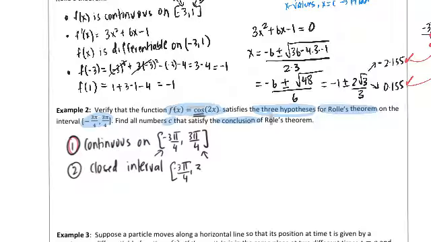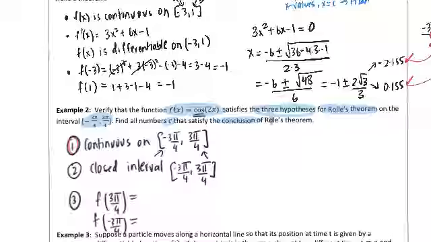And then the last condition for Rolle's theorem is that f of 3 pi over 4 has to be equal to f of negative 3 pi over 4. So at the two ends of the interval, we have to have the same y value. So putting 3 pi over 4 into the function, cosine of 3 pi over 2 is equal to 0.